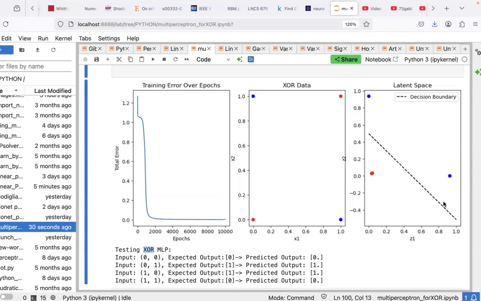And that's why we can model an XOR gate with a deep perceptron or a multi-layer perceptron, because we have this latent space, the latent variables learned as the output of the first layer of 2 perceptrons. Okay? Okay, thank you.